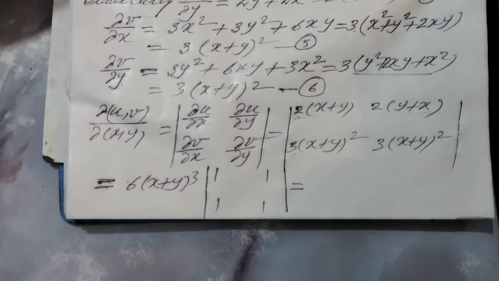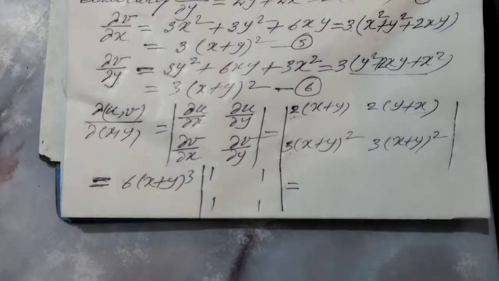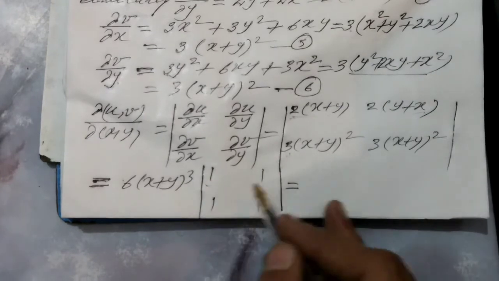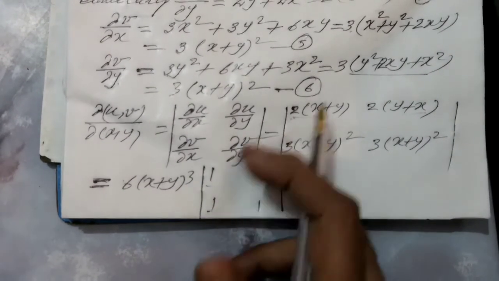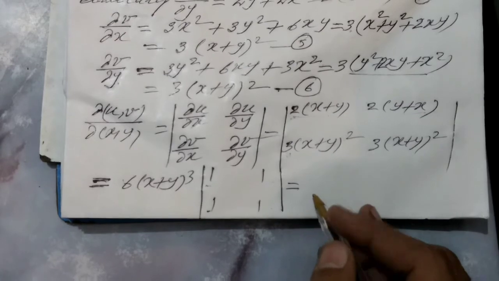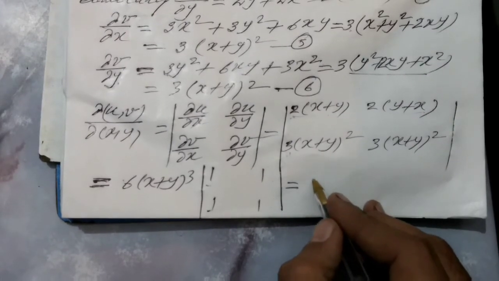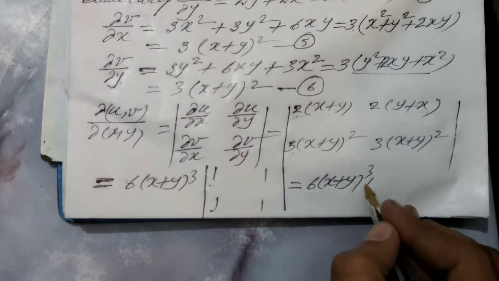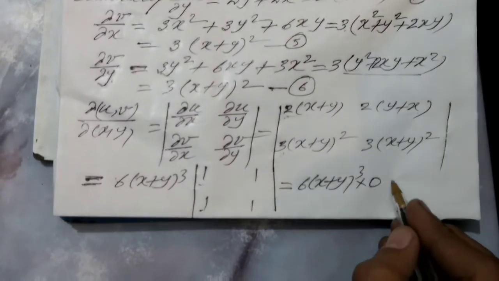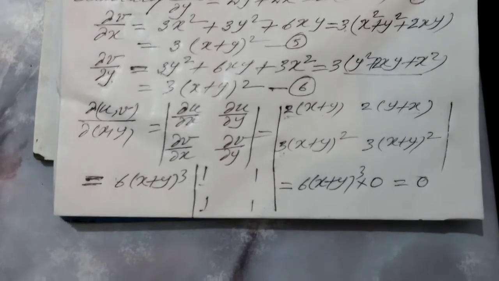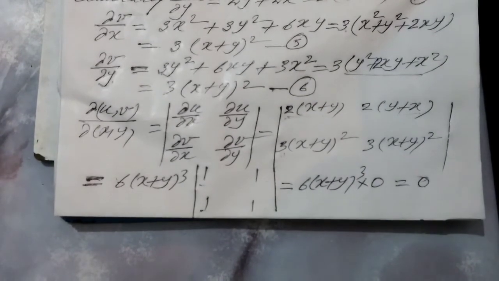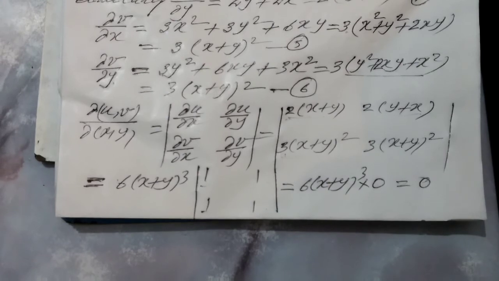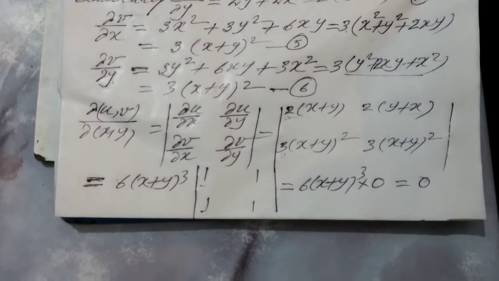Because by the property, if any two rows or any two columns are identical in a determinant, its numerical value is 0. So as we see that both the rows, or we may say both the columns, are identical in this determinant, so its value is 0. So we may write it as 6 times x plus y whole cube into 0 is equal to 0. So Jacobian of u and v with respect to x and y in this case is equal to 0.